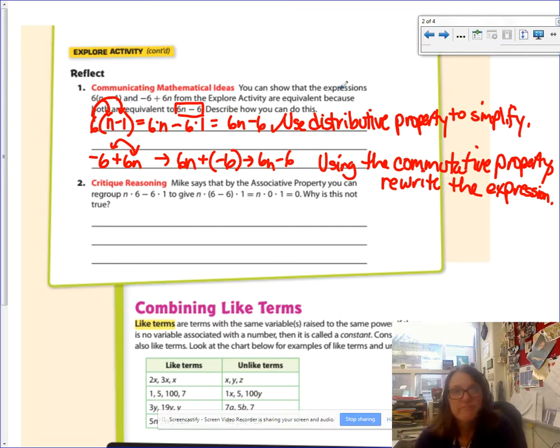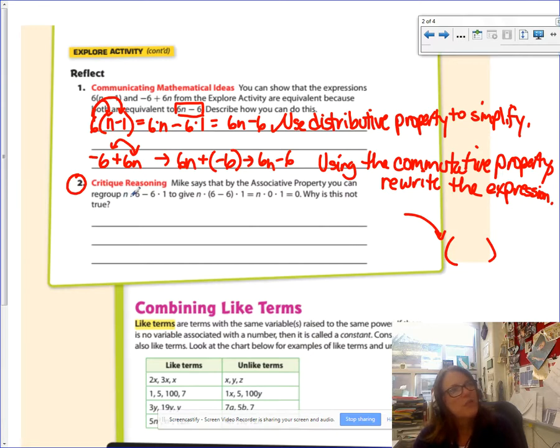Now you've basically shown that each of these two, which started out looking differently, are the same as 6n minus 6. All right, let's look at number 2. Mike says that by the associative property, hold on, remember what that looked like? The associative property is where you change what you're grouping together with parentheses, okay?